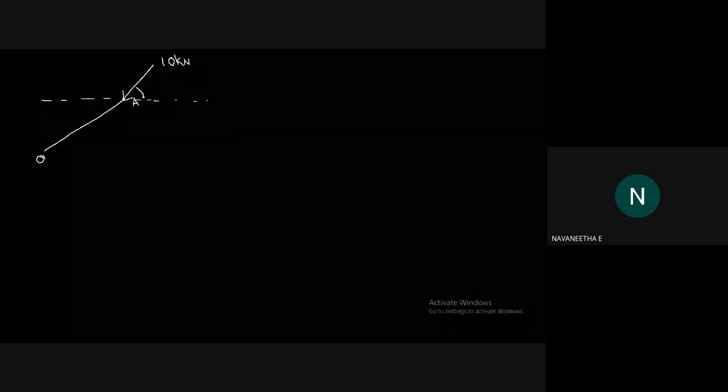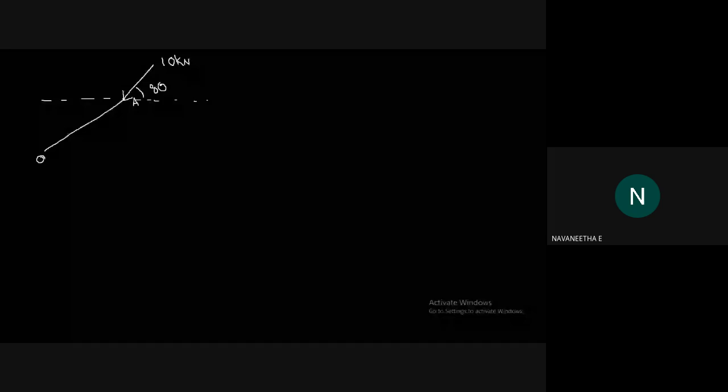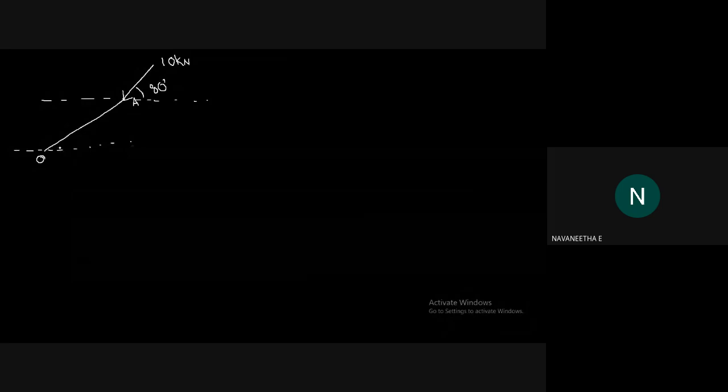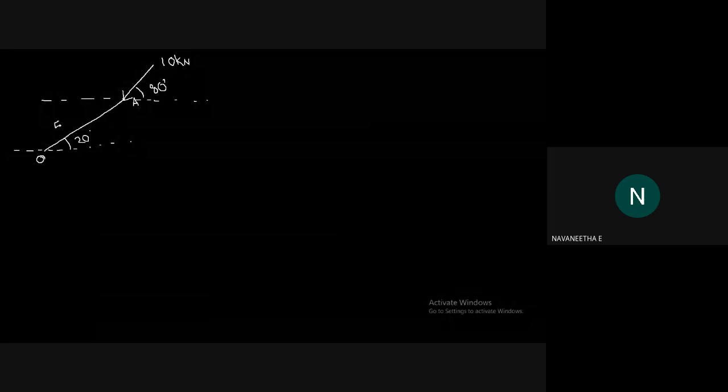It is also given in our question, that is 80 degrees. And it is also given that the beam OA makes an angle of 20 degrees with the horizontal axis. And the length of OA is 5 meters.